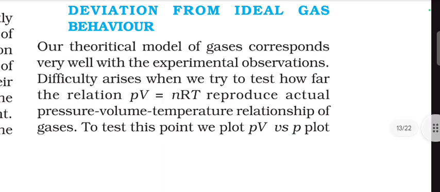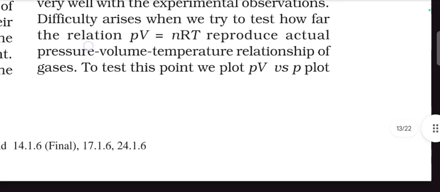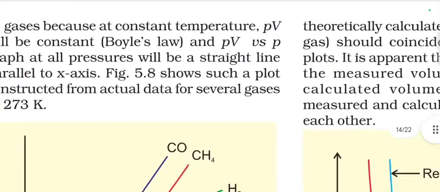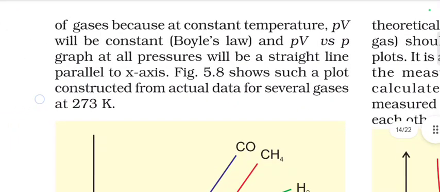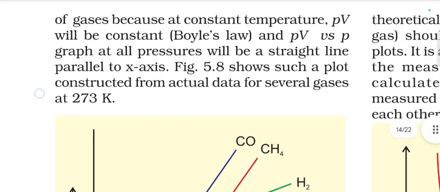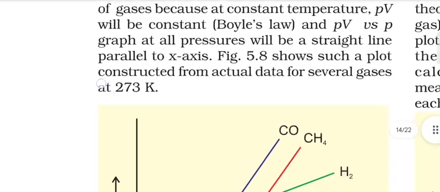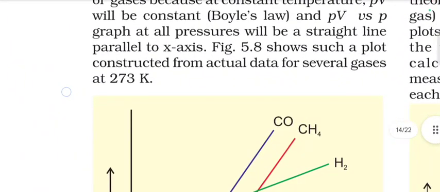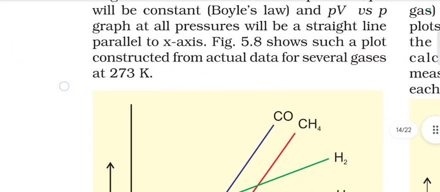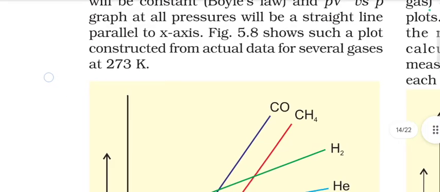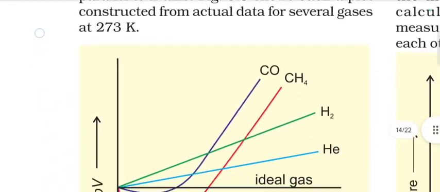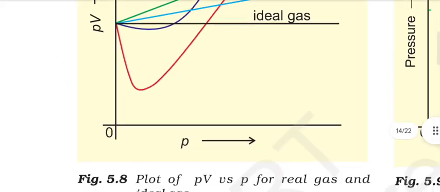To test this point, we plot PV versus P of gases, because at constant temperature PV will be constant (Boyle's law), and the PV versus P graph at all pressures will be a straight line parallel to the x-axis. Figure 5.8 shows such a plot constructed from the actual data for several gases at 273 Kelvin.